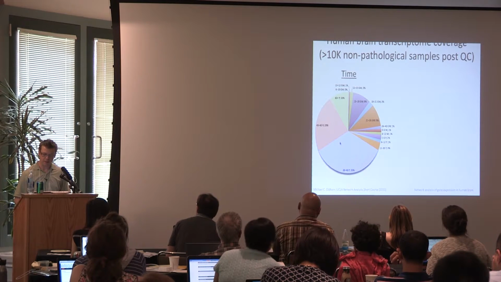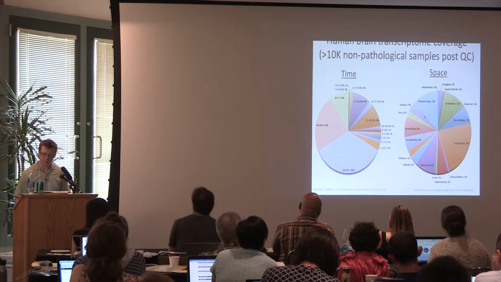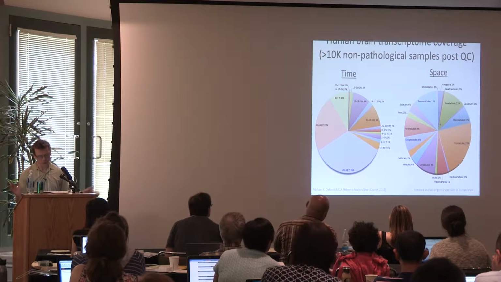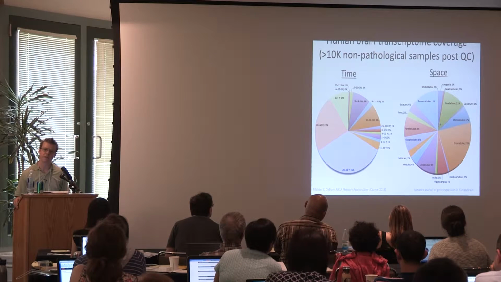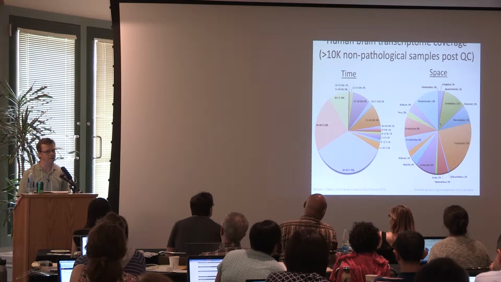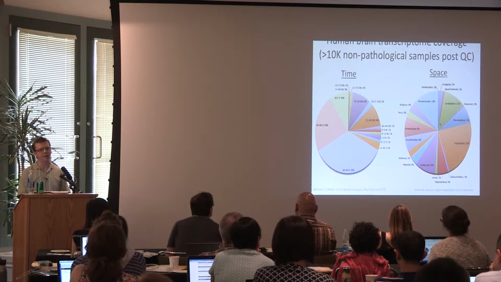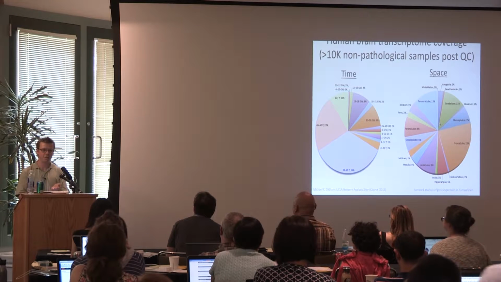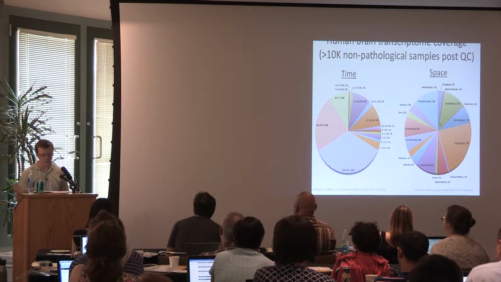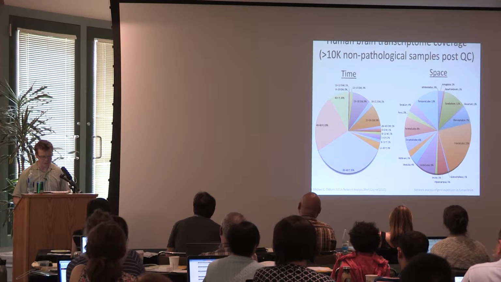When you look at the distribution by brain region, you can see we have pretty good coverage of the whole human brain now, thanks again to the Allen Institute and others who have done these really, really heroic sampling strategies looking at trying to get total coverage of the brain. So that means I'm going to be analyzing these data for the rest of my life, right? Because when you think about the permutations, you can slice it up a gazillion ways. So we've been doing that.